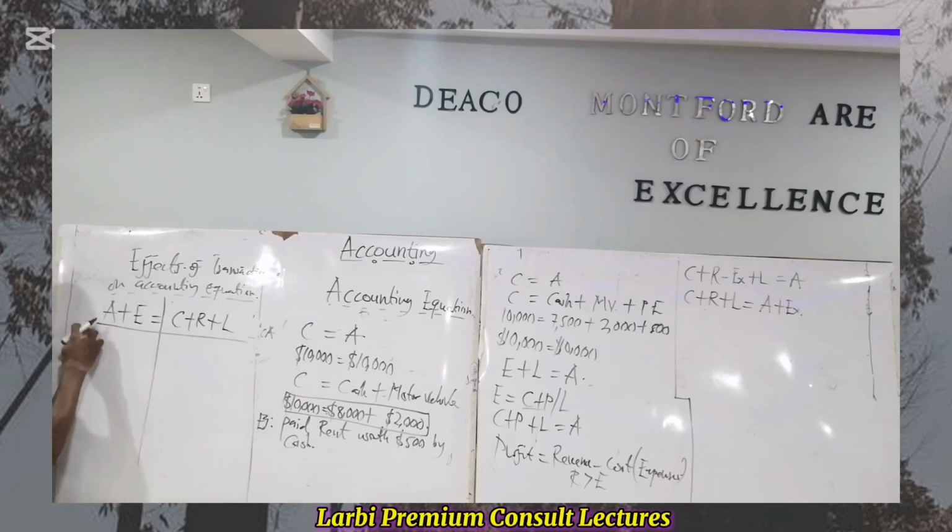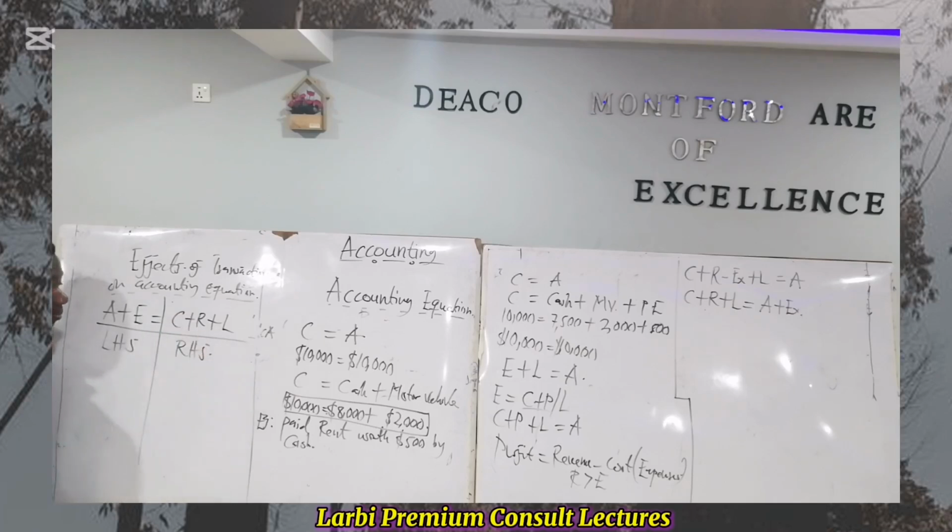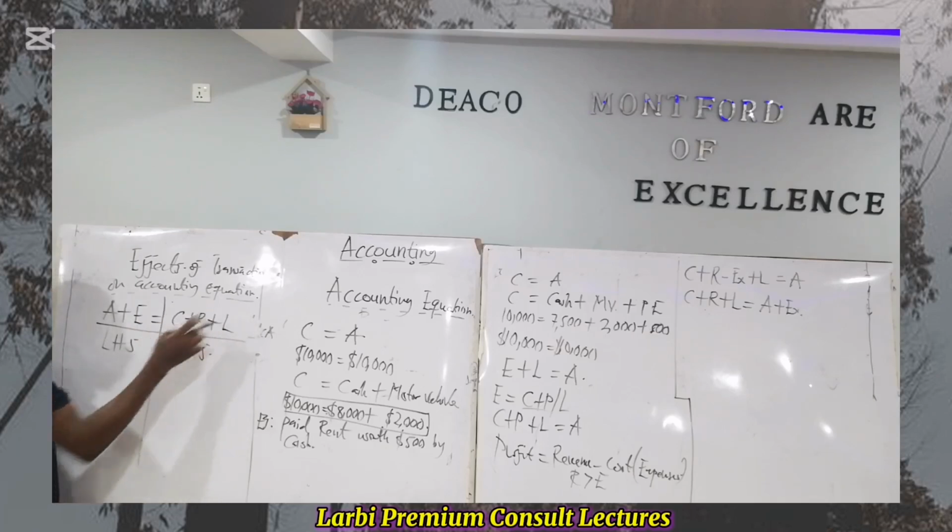Now we can clearly see that on the left hand side we have assets plus expenses, and on the right hand side we have revenue, capital, and liability.